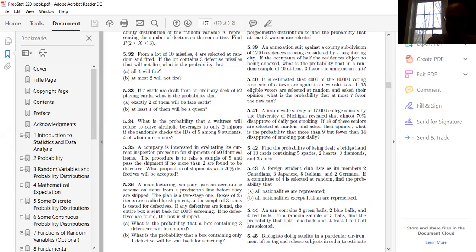I mean to say it's a dependent event, but when your small n is extremely less than capital N, I mean to say the ratio of small n divided by capital N is less than or equal to 0.05, in that case the binomial distribution approximates the hypergeometric distribution. That is the relationship we consider between the binomial and the hypergeometric distribution.